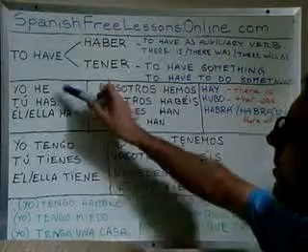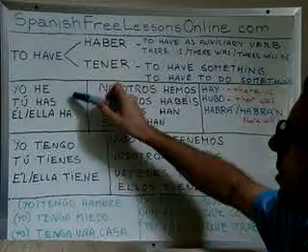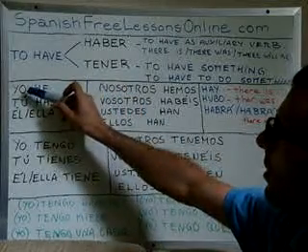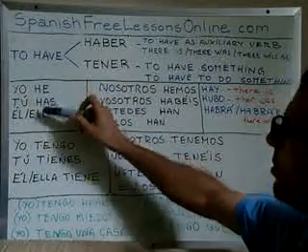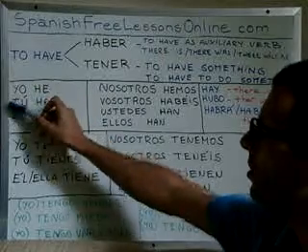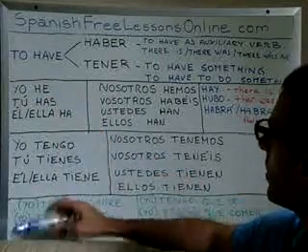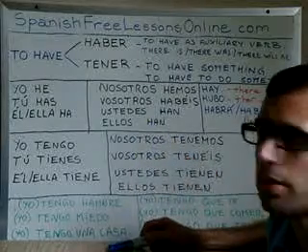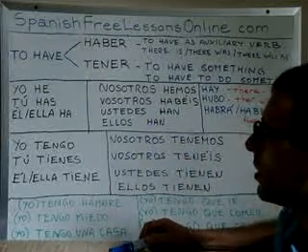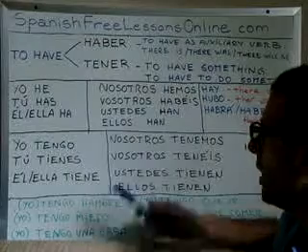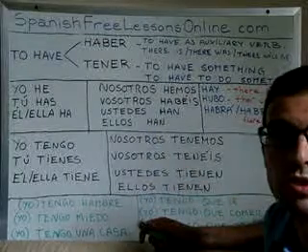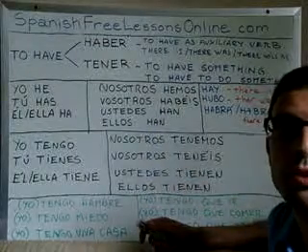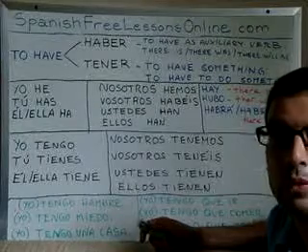So this conjugation of the verb haber with the pronouns, by itself means nothing, because the verb haber conjugates just to be used as an auxiliary verb, right?